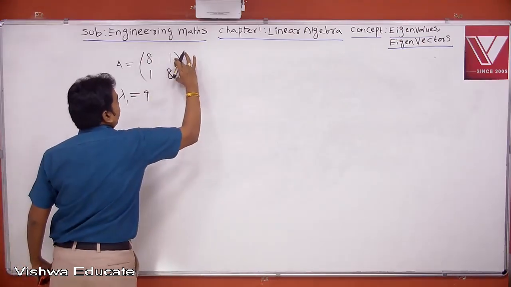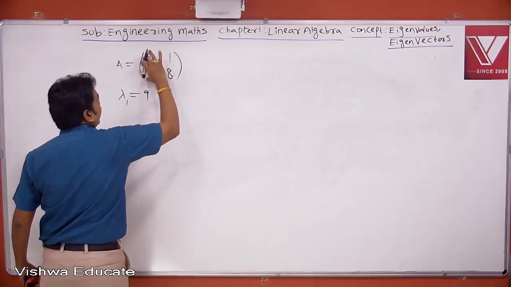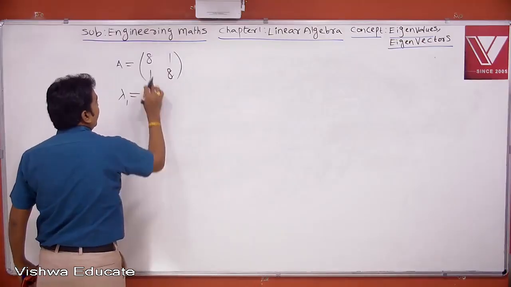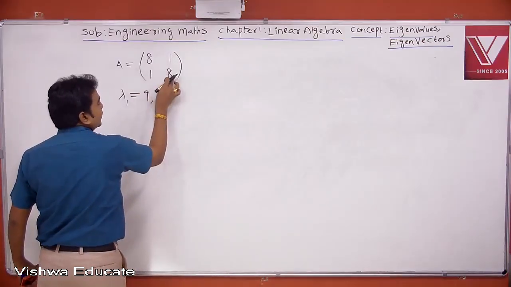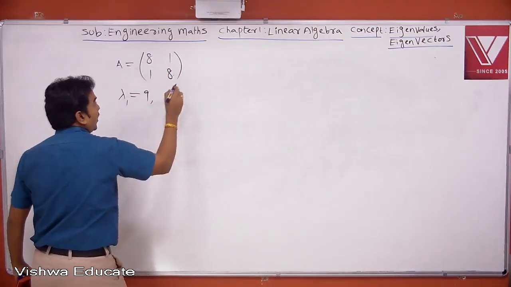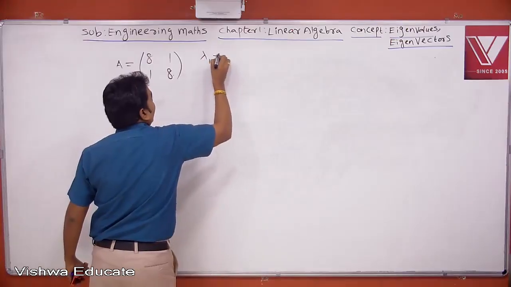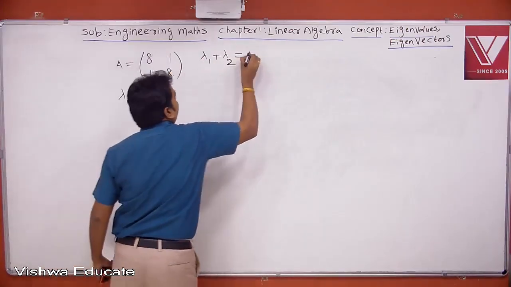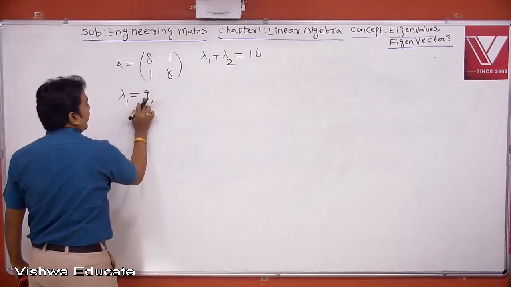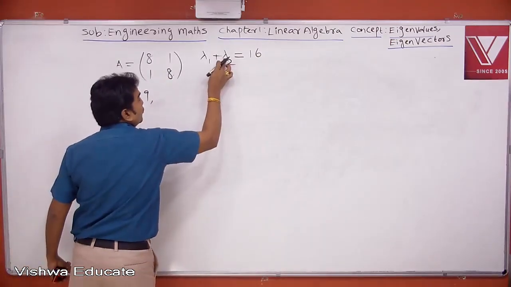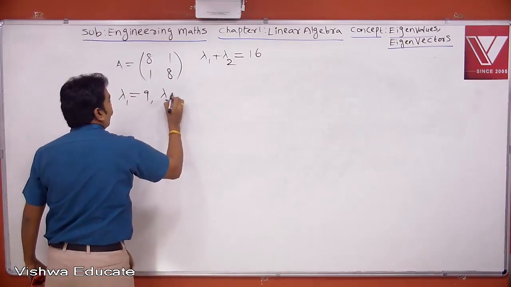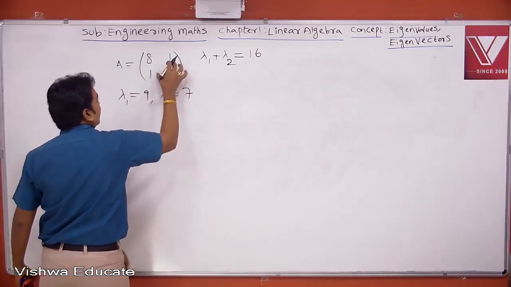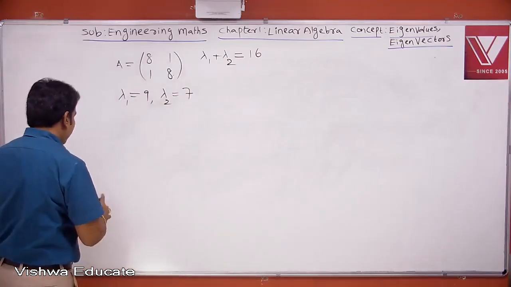The sum of each column equals 9. What is the trace of this matrix? 8 plus 8, 16. As we mentioned earlier, the sum of eigenvalues equals the trace. So lambda 1 is already 9, so lambda 2 must be 7. Therefore, these two are the eigenvalues of this matrix.